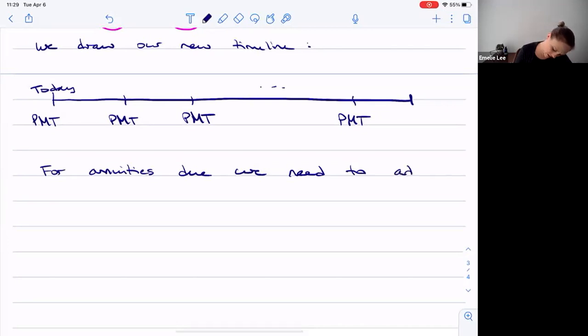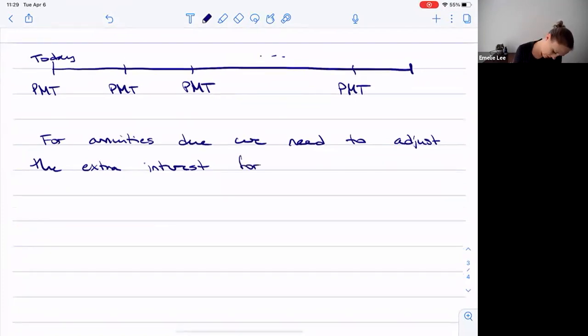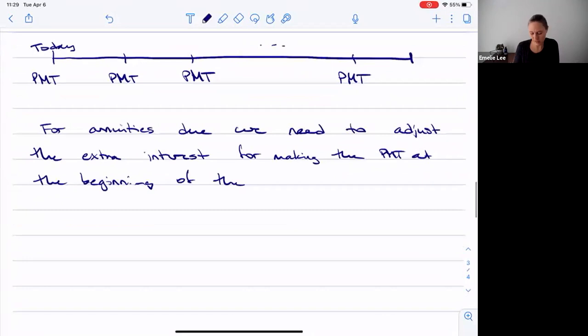So we need to adjust the extra interest for making a payment at the beginning of the term instead of the end.